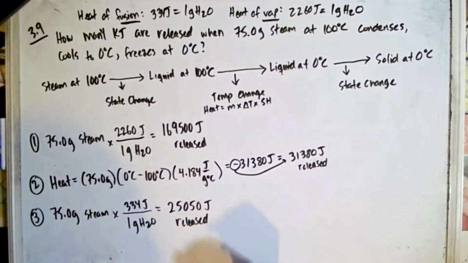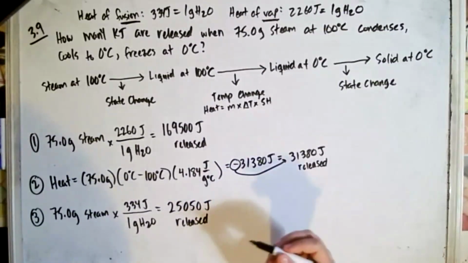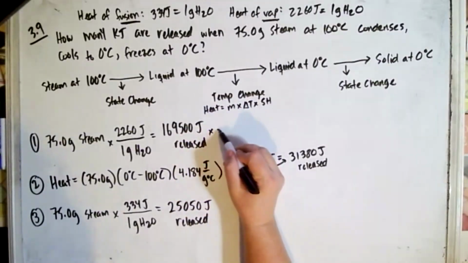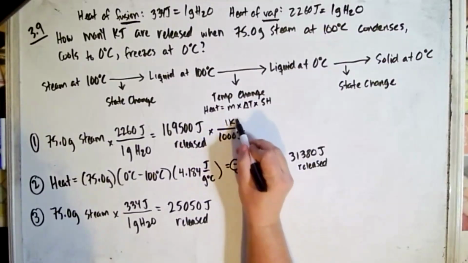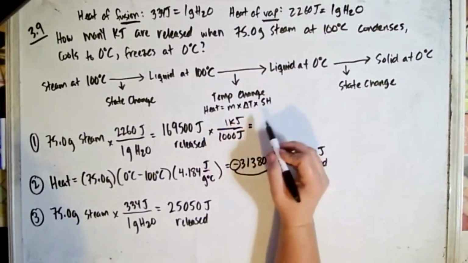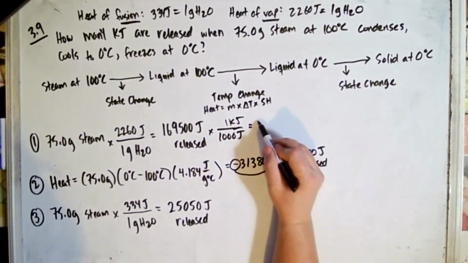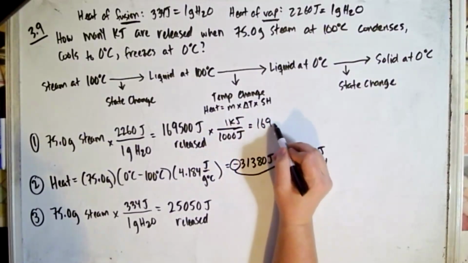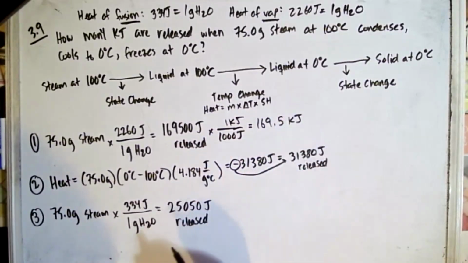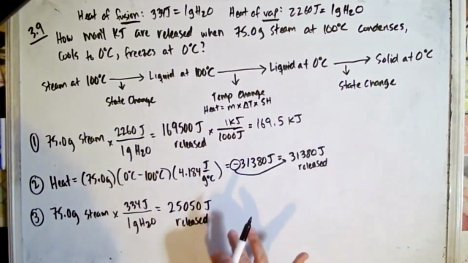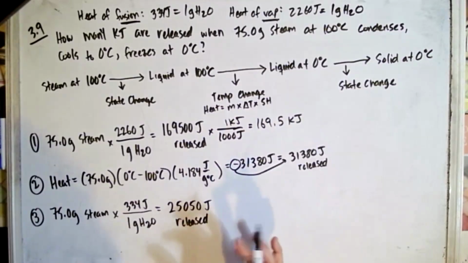Okay, and now that we have the joules for the individual steps, we can convert them into kilojoules. So for each one of these, there's going to be 1,000 joules in every 1 kilojoule. So we're going to have 169.5 kilojoules. We're going to end up rounding this all to 3 significant figures at the end, but we'll just keep everything. You can round before or after. I'm just going to keep it like this for now.